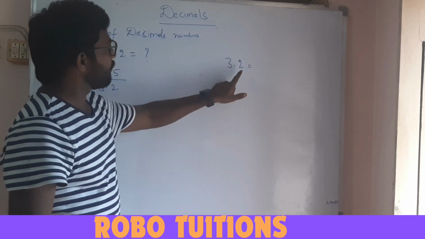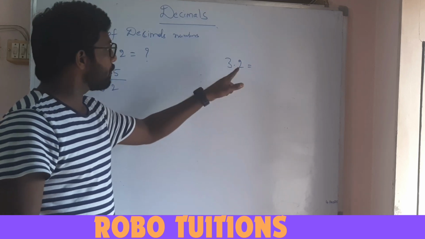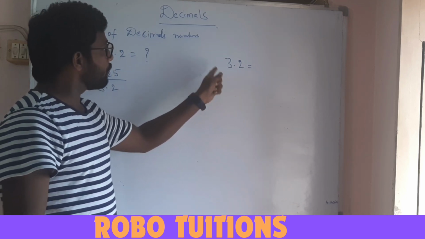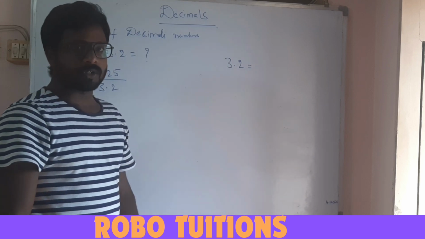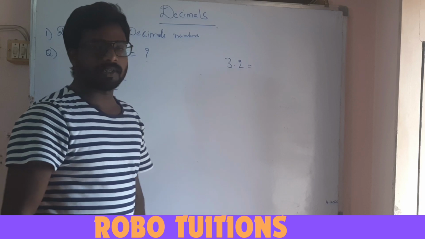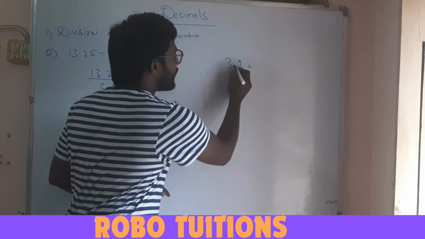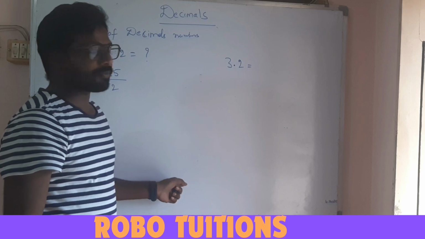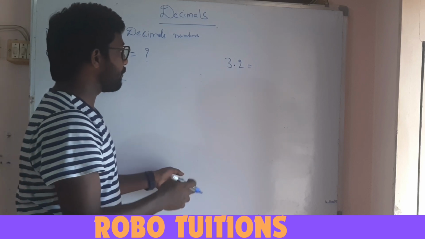With which number do you have to multiply 3.2 to remove this decimal point? Our first priority is to remove this decimal point. So how to remove the decimal point?